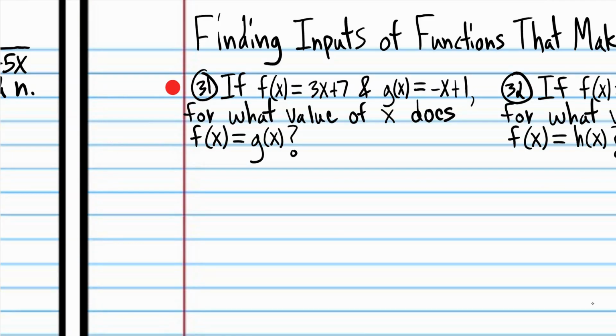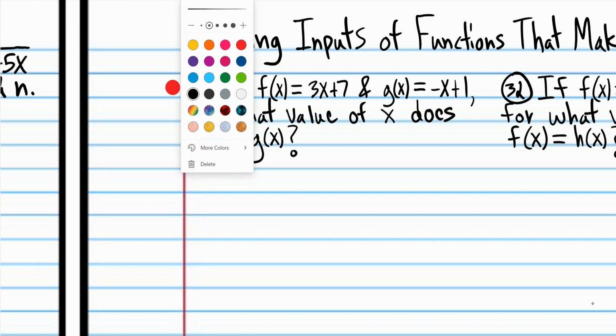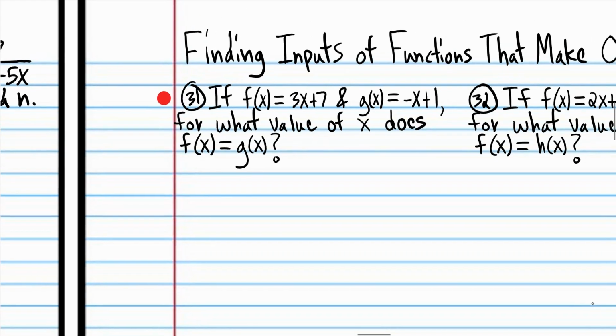Let's do number 31, and you can see what exactly we're talking about. So it says here, if f of x is 3x plus 7 and g of x is negative x plus 1, for what value of x does f of x equal g of x? So we want f of x to equal g of x.